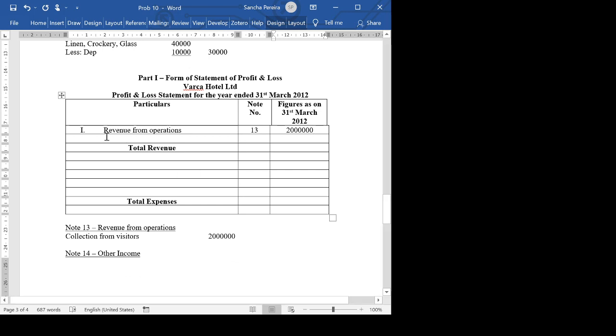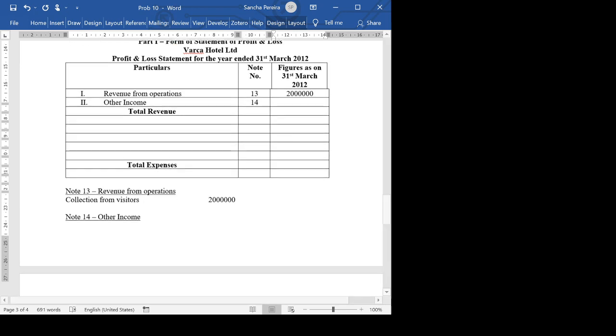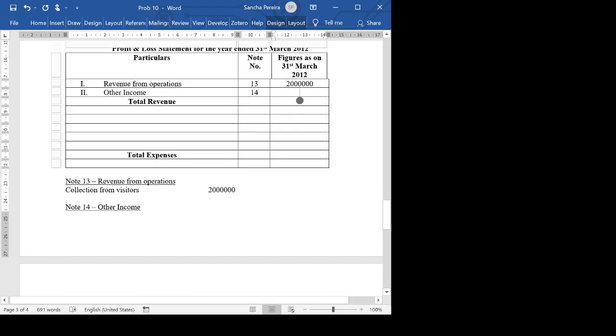We also have other income, which is the miscellaneous receipts that we had, which comes to 1,20,000, and the total comes to 21,20,000.